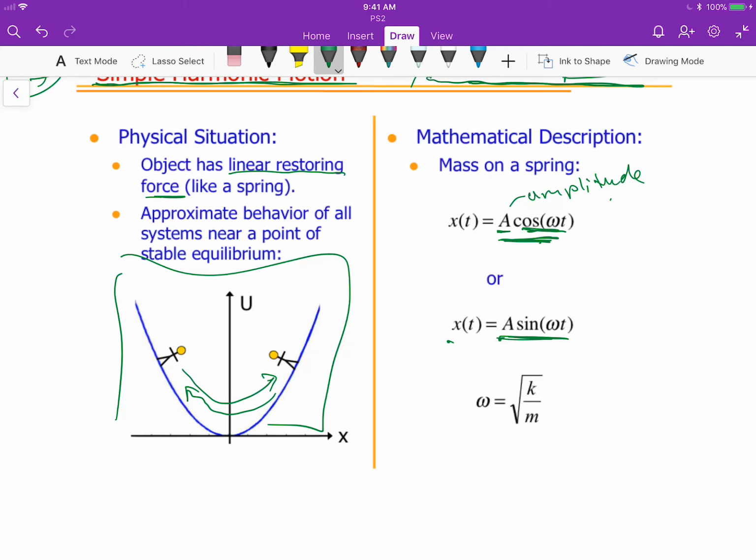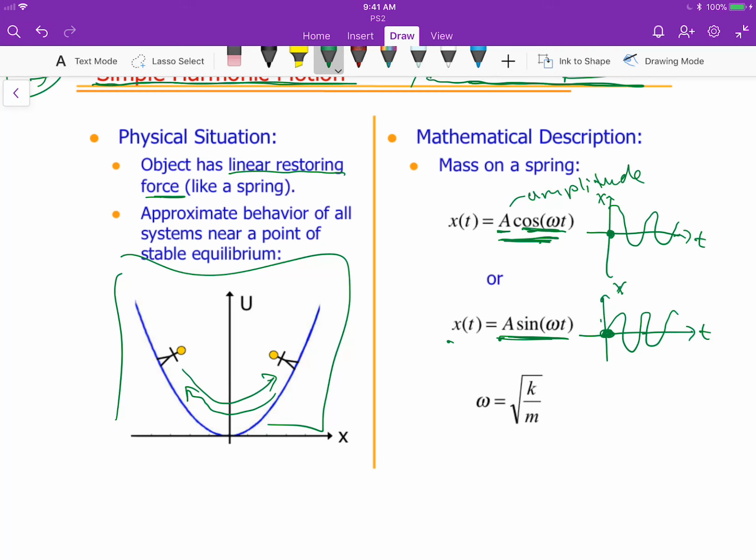Cosine looks something like this, and sine looks something like this, with x on this axis and t on this axis. It's basically whether at t equals 0 you're at the maximum displacement from equilibrium, or you're at equilibrium when you start. That's how you decide whether to use cosine or sine.